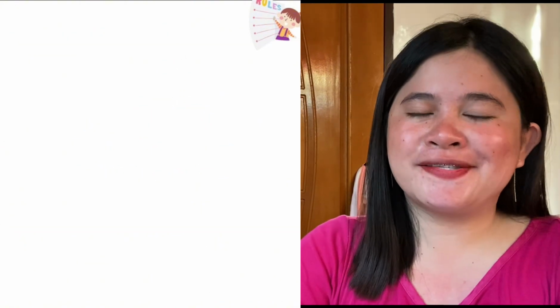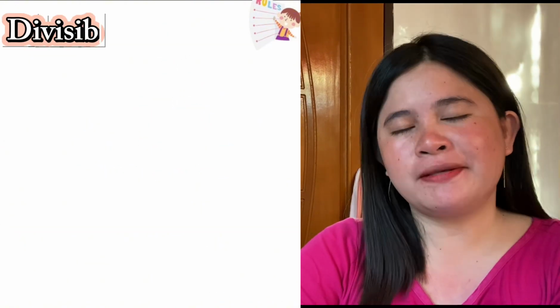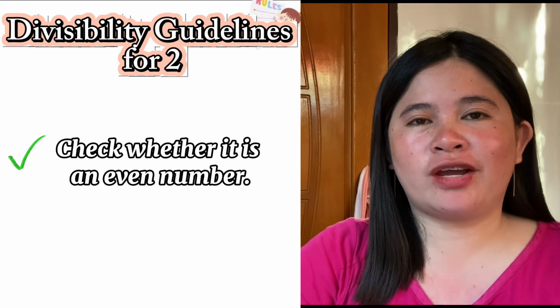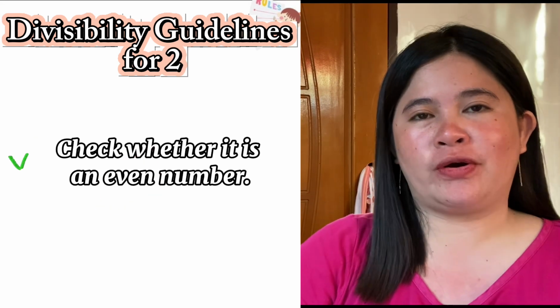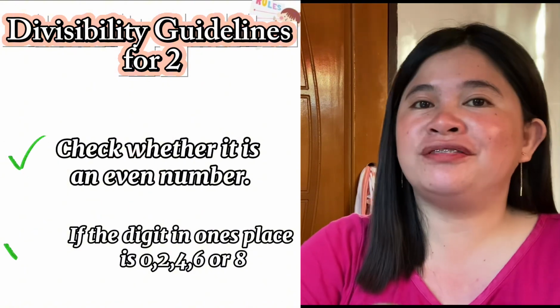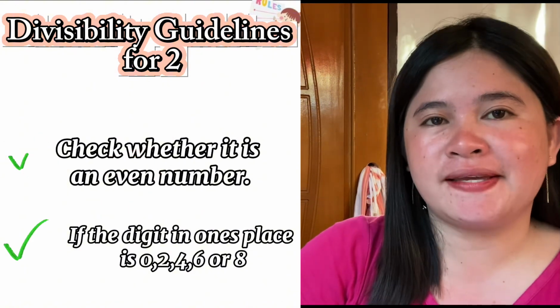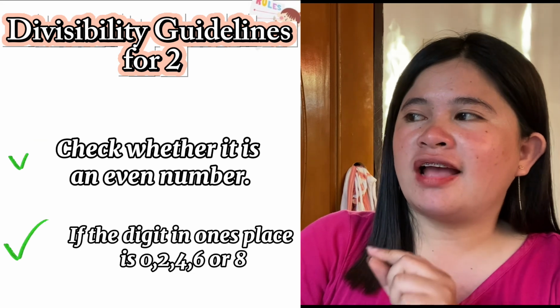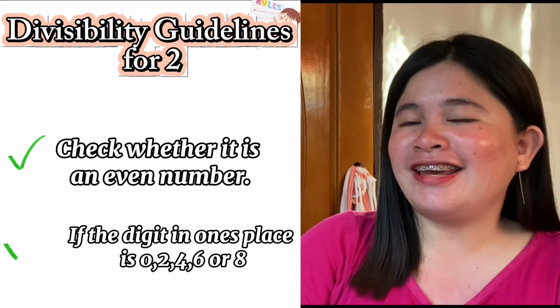This time, let's get started with the lesson. Divisibility guidelines for 2. You have to check whether it is an even number. So it is an even number if the digit in one's place could be 0, 2, 4, 6, and 8.